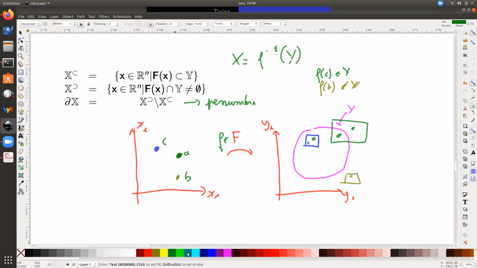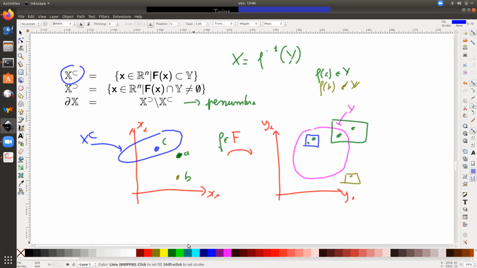So the inverse image by f can be considered as three zones. This one will be x subset given here, which corresponds to all x that are mapped in y, for all possible f.